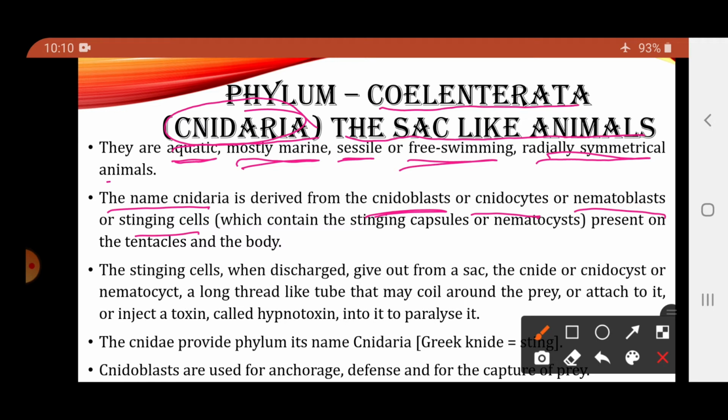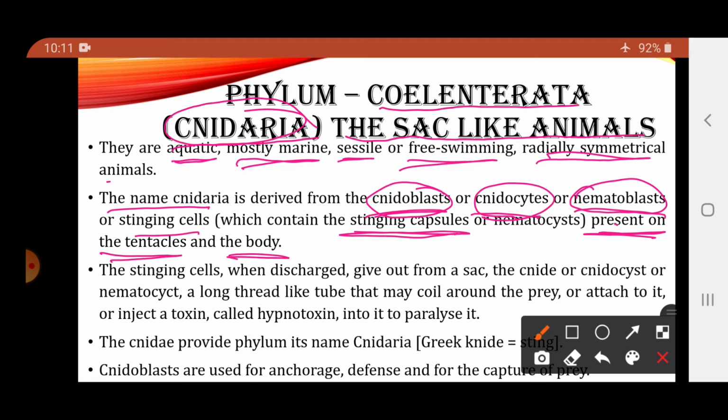These stinging cells are also called cnidocytes or nematoblasts. Inside these cnidocytes or cnidoblasts there are stinging capsules. What do they contain? They contain the stinging capsules. And where are these cnidoblasts present? They are present on the tentacles as well as on the body.